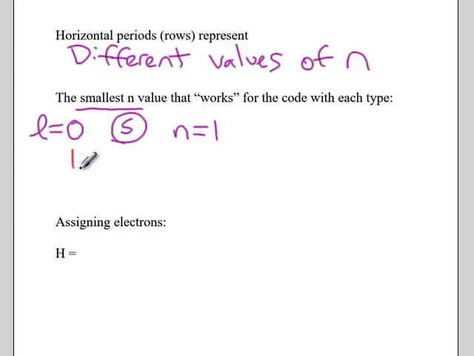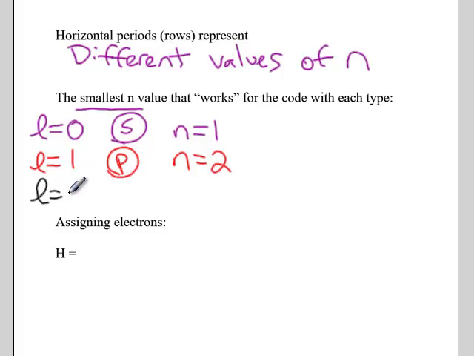If L is equal to 1, we're talking about p orbitals, and the quantum number n has to be at least 2 for that to work, because L starts at 0 and it goes up to 1 less than n. So if n is 1, L can only be 0. If n is 2, L could either be 0 or it could be 1.